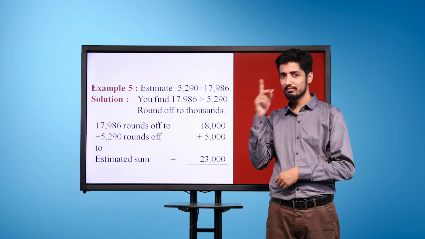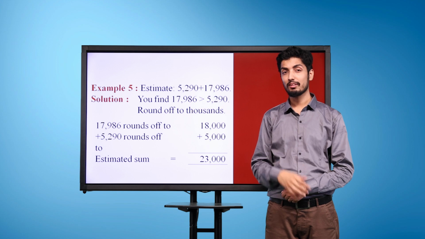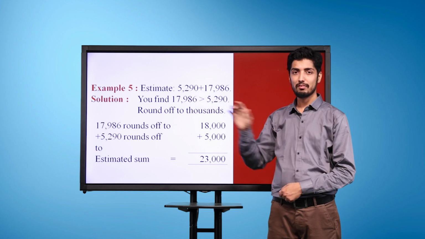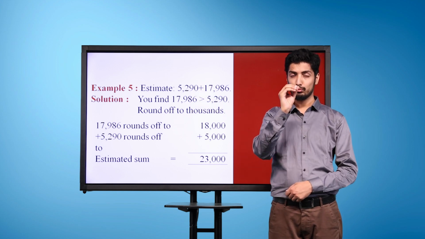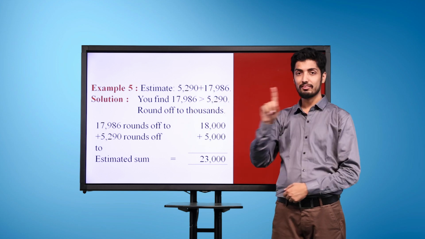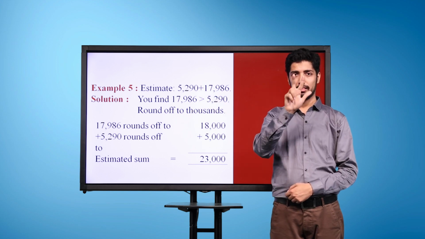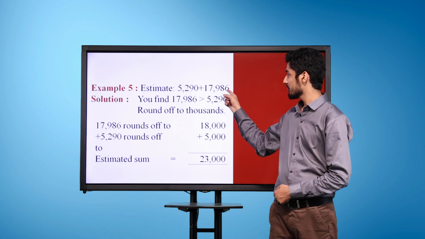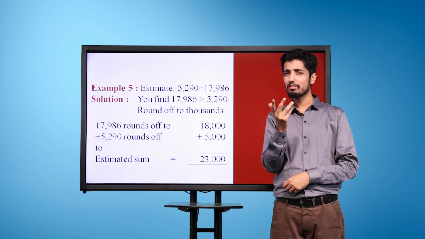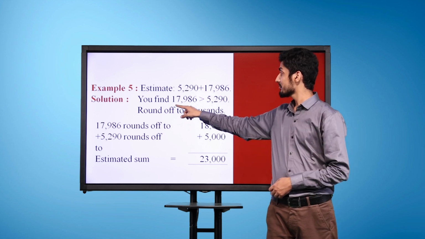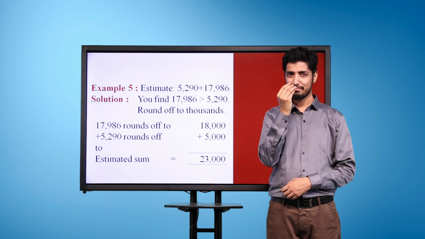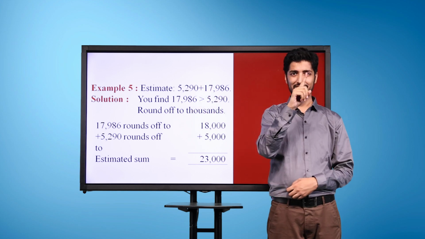Example 5. Estimate 5,290 plus 17,986. Solution. You find 17,986 greater than 5,290.